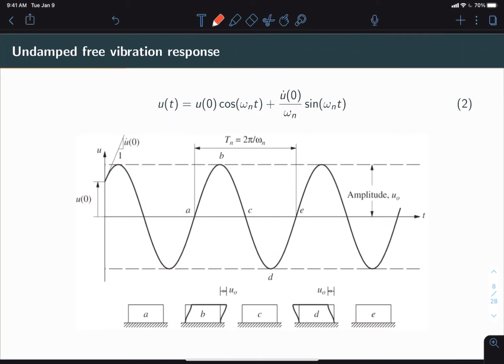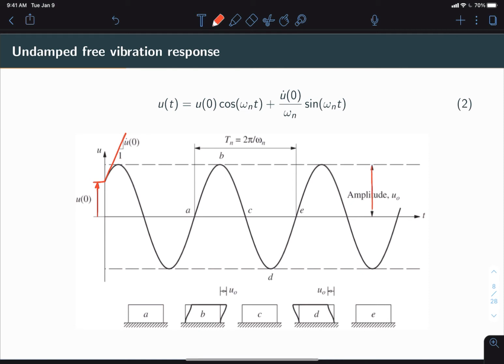So now let's plot u of t and see what we can learn from it. So this is just a generic plot for some initial displacement and initial velocity. And notice that the response is simply a sinusoidal function, which has a constant amplitude.